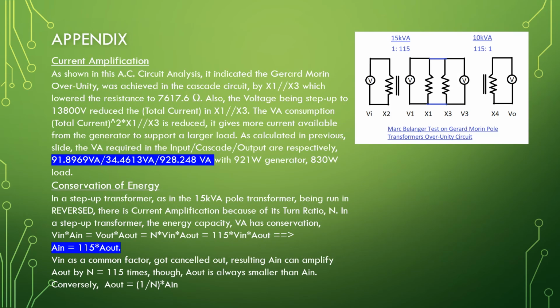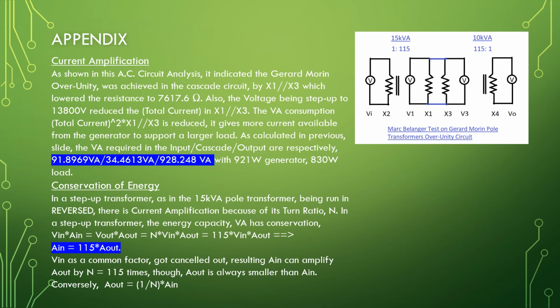Appendix: current amplification. As shown in this AC circuit analysis, it indicated that the Gerard Morin over-unity was achieved in the cascade circuit by X1 parallel X3, which lowered the resistance to 7,617.6 ohm.